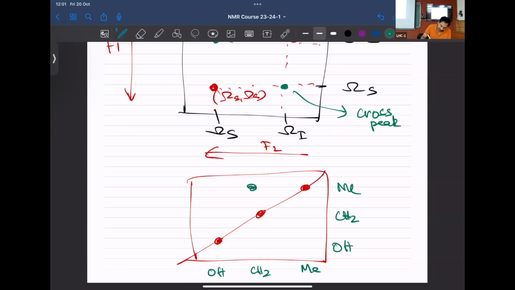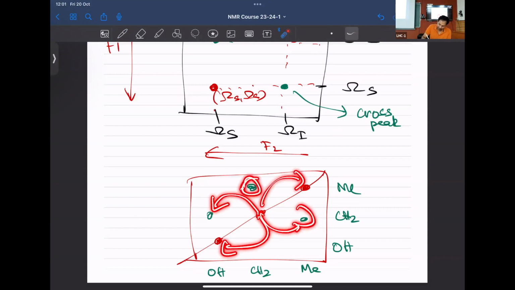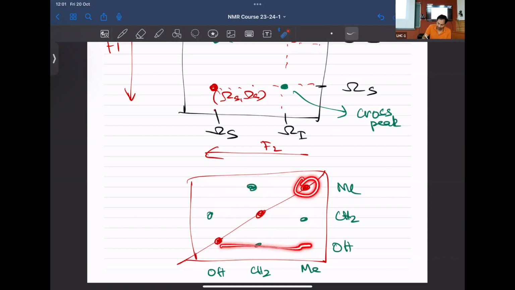The cross peaks would feature here, where we are able to see the methylene will talk to the hydroxyl and to the methyl, while the methyl to hydroxyl will not give cross peaks because the scalar coupling is small or not observed. Okay, that's the advantage of a COSY.